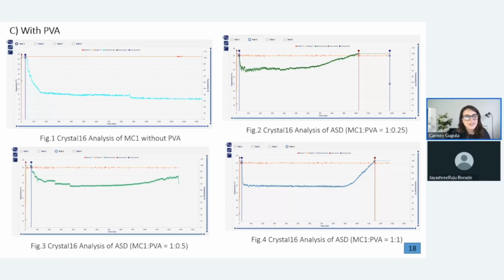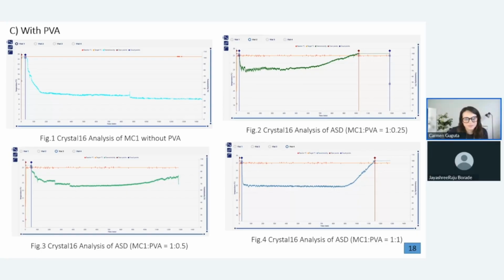Can you please repeat? How to go beyond LOC with stable amorphous solid dispersions. Is it possible to tackle the LOC? Okay, I understood the first part, so I'll try to answer that. The question is regarding whether we can go beyond the LOC?